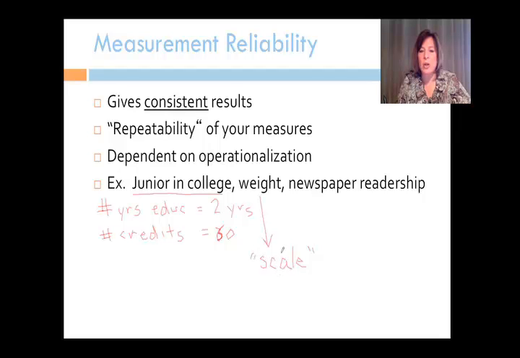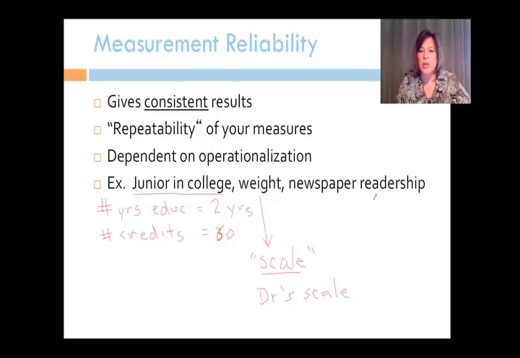But let's say you measure your weight on your bathroom scale, and then you go to the doctor's office and you measure on the doctor's scale. What is the likelihood that those two weight measurements are going to be exactly the same? In my case, the likelihood is usually pretty low. So now we've used two different measures and they're not very reliable because they're not giving the same number.